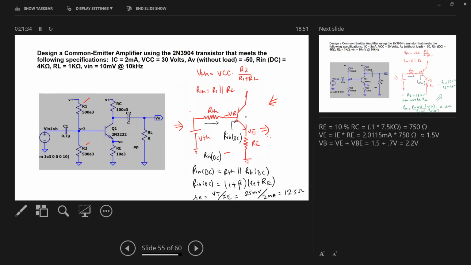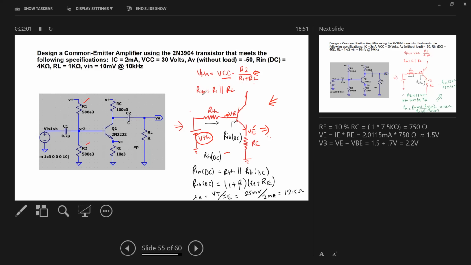So what I see, this is my transistor and I have this voltage VB, voltage VE, and I say there is this voltage VTH, Thevenin's equivalent. So Thevenin's equivalent is given as VCC multiplied by R2 divided by R1 plus R2. So it is just the formula I have applied.